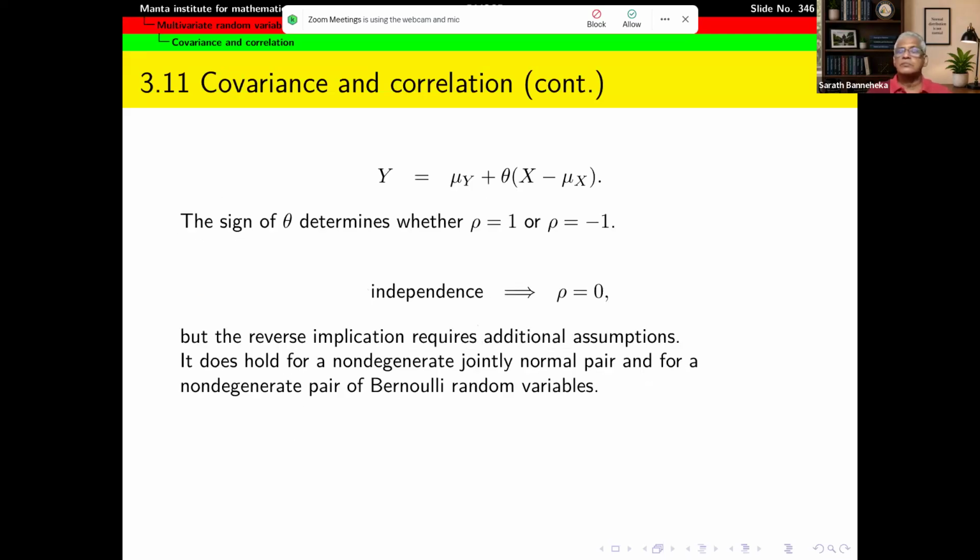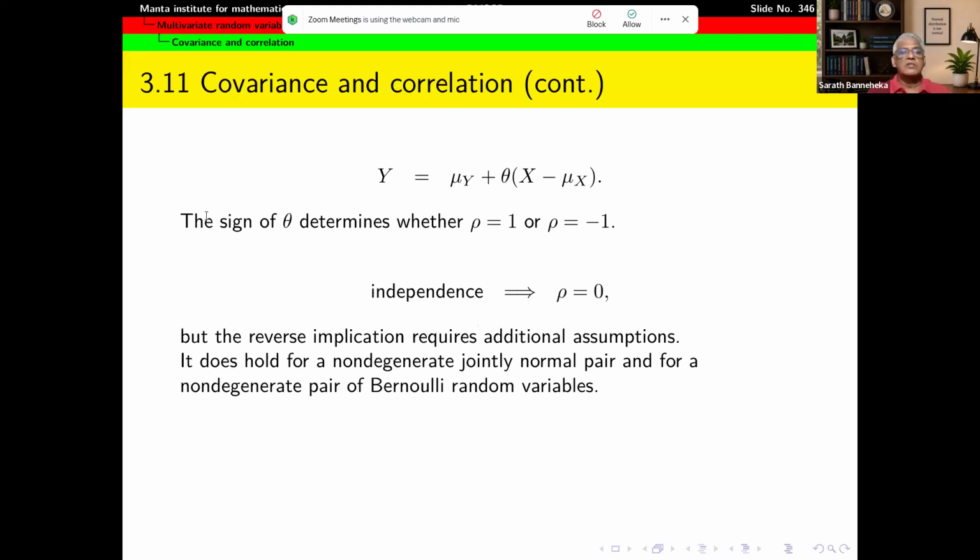So rho will be equal to negative 1 or positive 1 if y minus mu y is equal to some constant times x minus mu x, or in general y is equal to something like alpha plus beta x. Right? They are on a straight line.